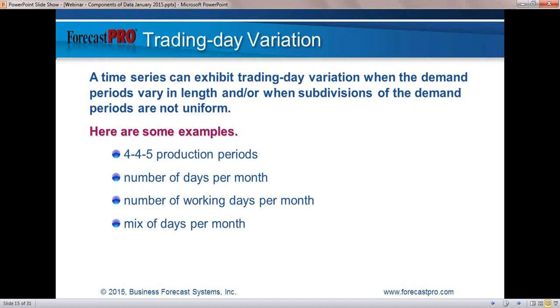So my first scenario, where December started on a Friday, is a stronger December for me in terms of trading days, because Fridays, Saturdays, and Sundays are my big selling days, and I've got 5 of them in that year versus the year where December started on a Monday. So it's another example of trading days.